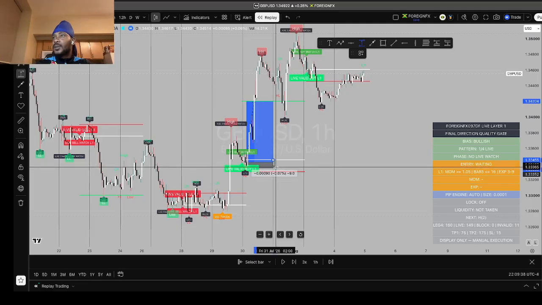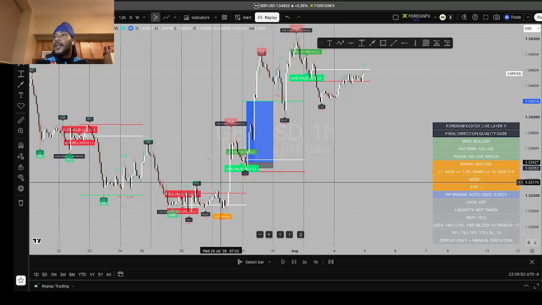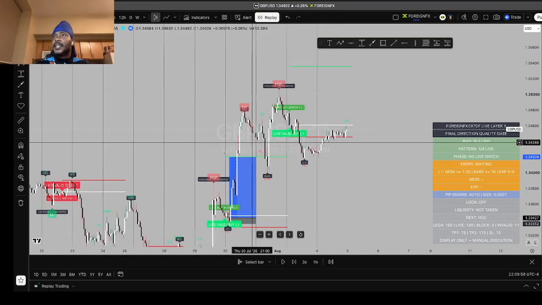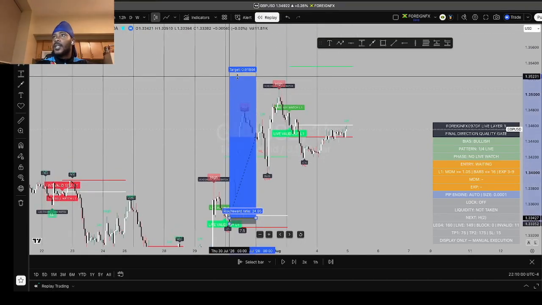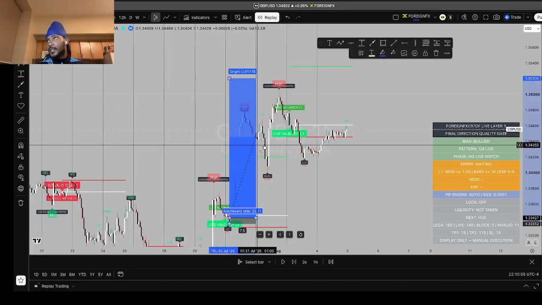Yeah, it is. Did I take this one? Yes, I did take this one as well. So 8.5 pip buffer, and then you would enter. You could see it went for a total of 10R. And I think it extended, but it didn't hit the final take profit right there. It would have been 23R. So that's the cherry pick chart.